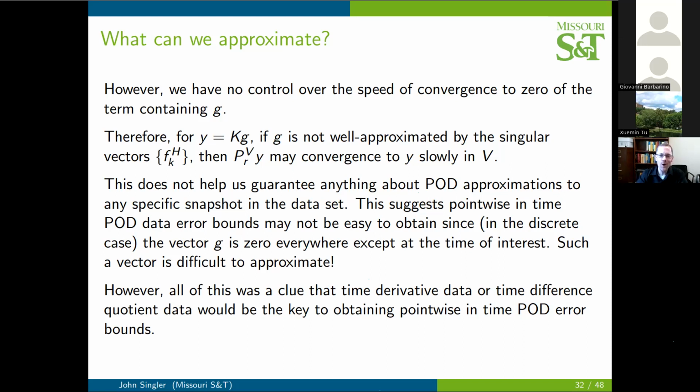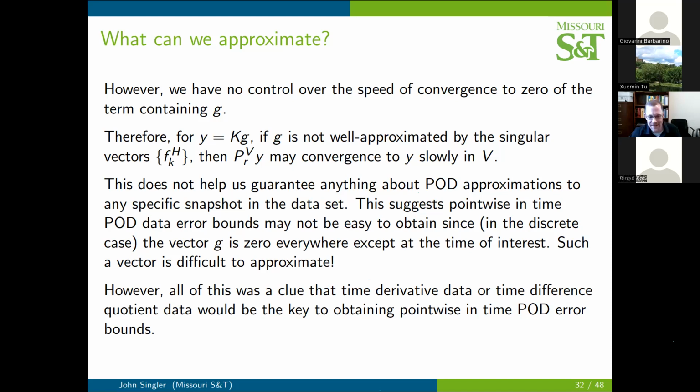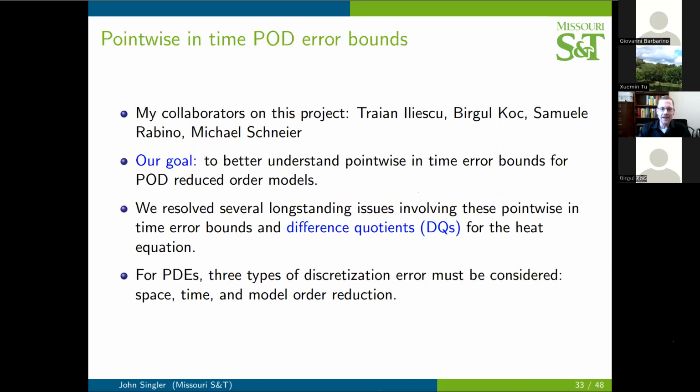And we know that approximating such a thing with typically nice, smoothly varying vectors is not going to work very well. So that's a clue that pointwise time error bounds, even in the discrete case, may not work. And that's what we found later.